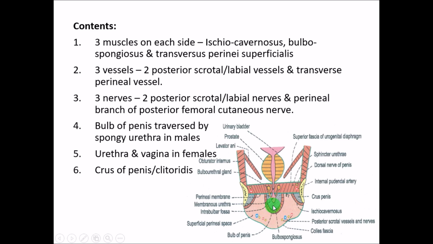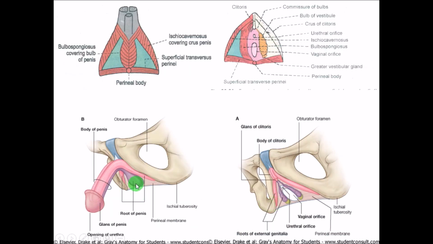In the center we have the bulb of the penis. Here is the bulb of the penis, and it is covered by a muscle called the bulbospongiosus, covering the bulb of the penis in the male. In the female it is also called the bulbospongiosus, the same thing, but it covers just the external part, the part of the vagina on either side.